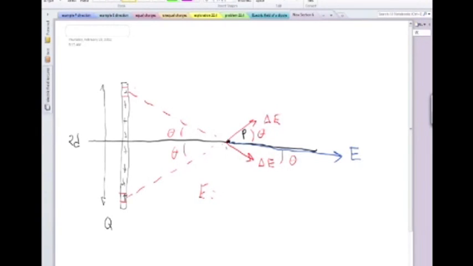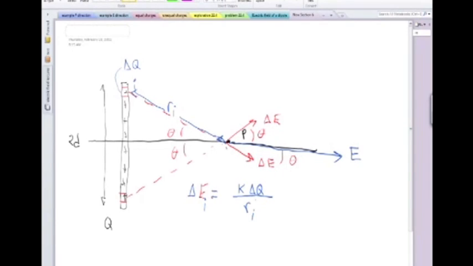So if you call this section i, for example, then this distance over here is R sub i. So the electric field contributed by that amount of charge i located up there would be k times the amount of charge that you have in that section. This has an amount of charge delta Q, divided by the distance between that section of the rod and the point P where you're at.